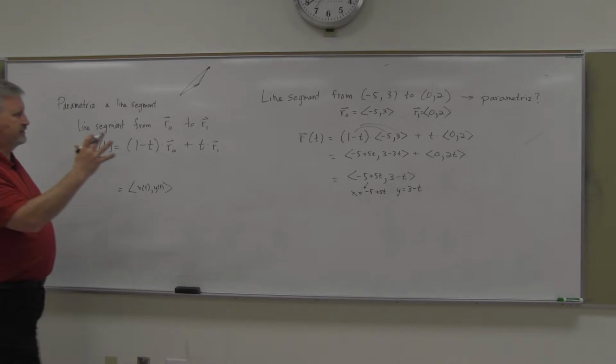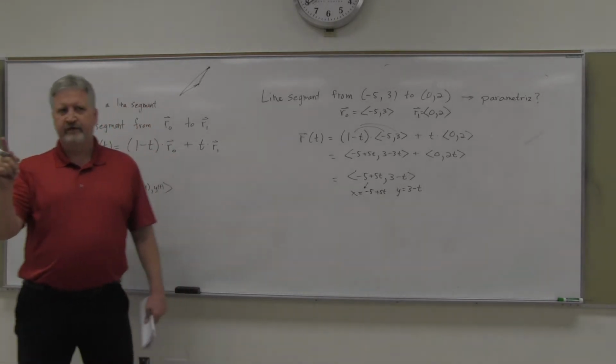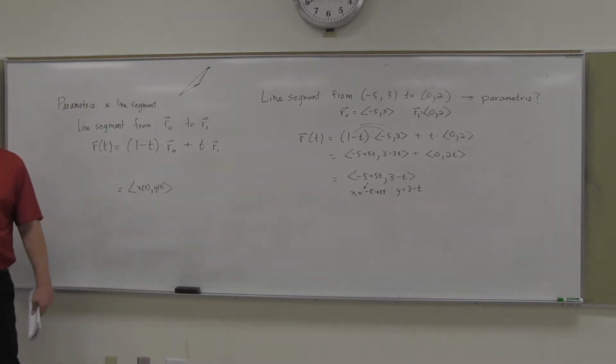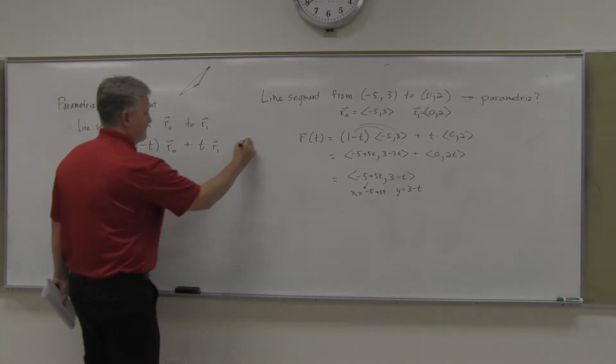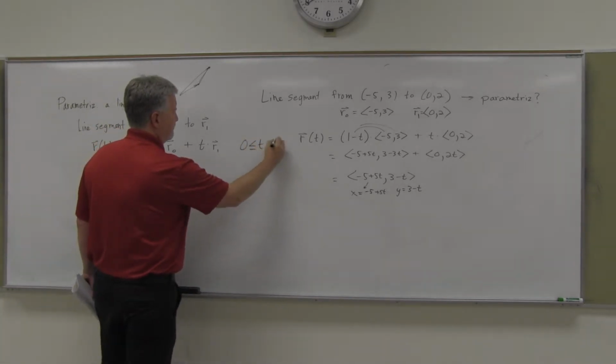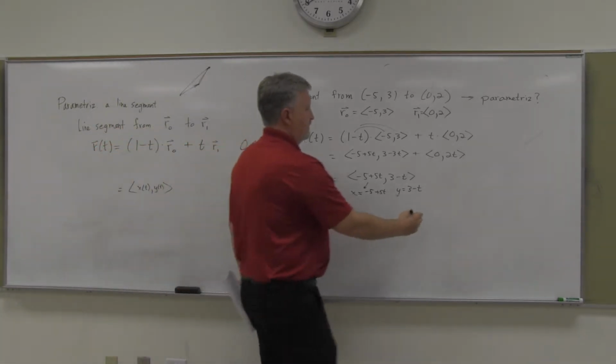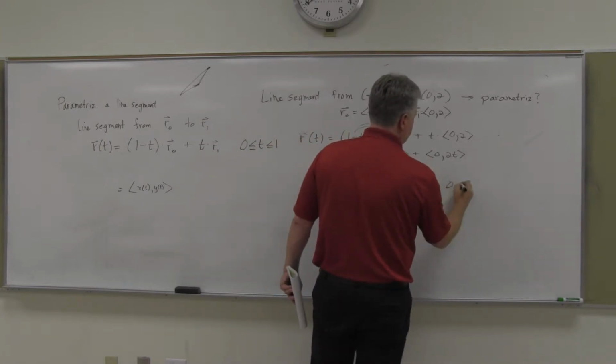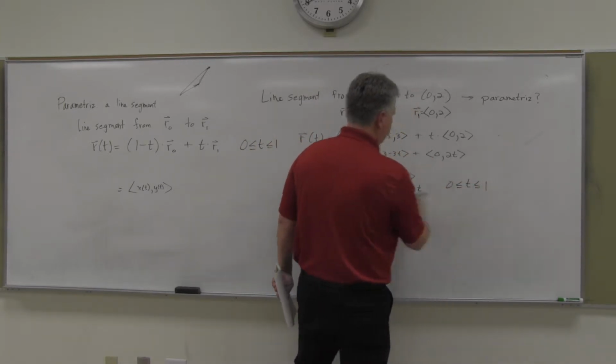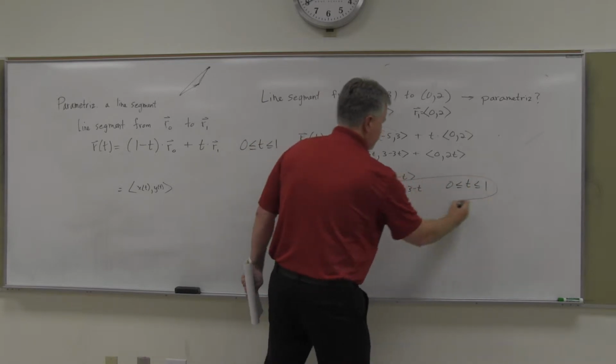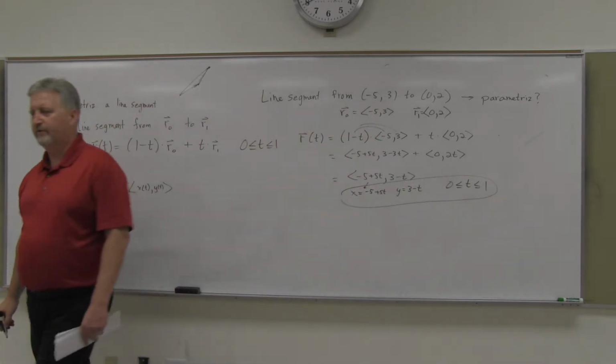Oh, I forgot one very important thing: the t values on this always range from 0 to 1. So no matter what this turns out to be, the t values are 0 to 1.